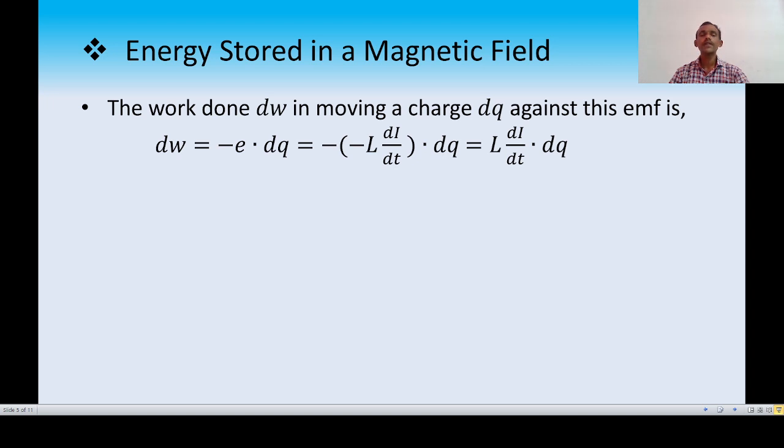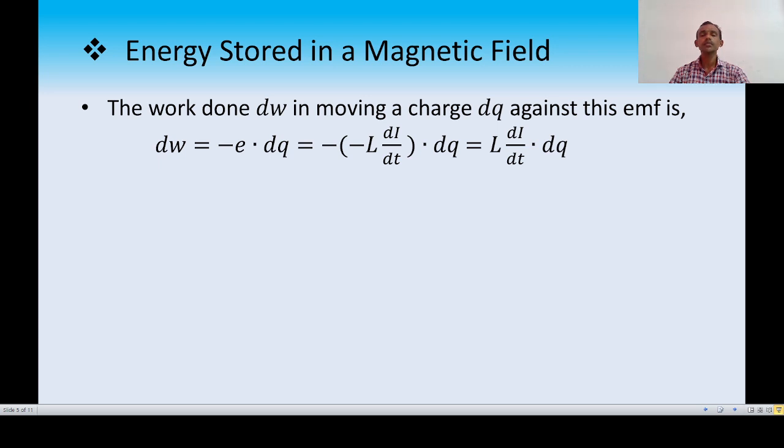If we put the value of induced EMF, that is minus L into di by dt, we get dW is equal to minus into bracket minus L into di by dt into dq. Therefore, we get L into di by dt into dq.